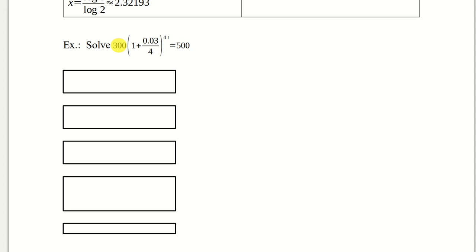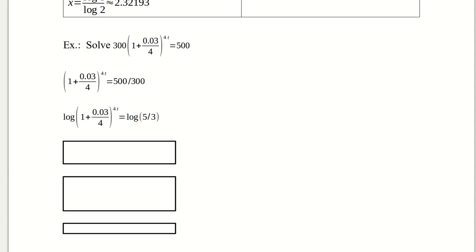That's a simple enough matter. It's attached with multiplication, undone with division. So I'm going to divide both sides by 300. Now the left side is an exponential. The last thing I do is raise to that power. So I'm going to take the log of both sides, and that is exactly what we do. So we're taking the log of the left side and the log of the right side.